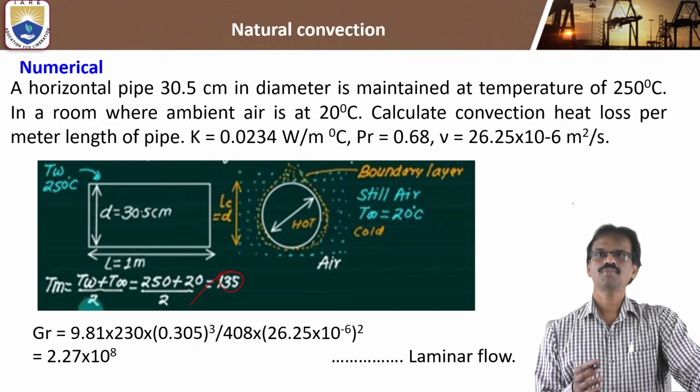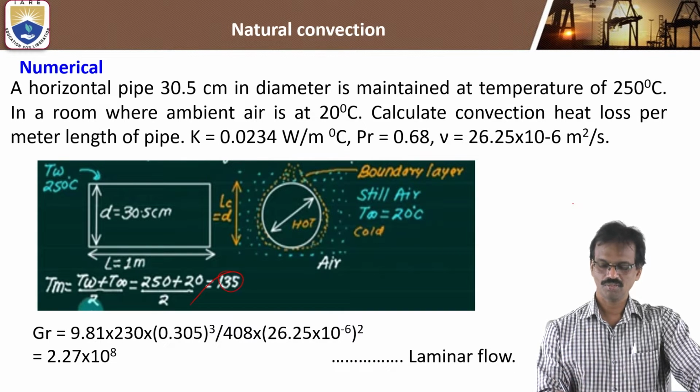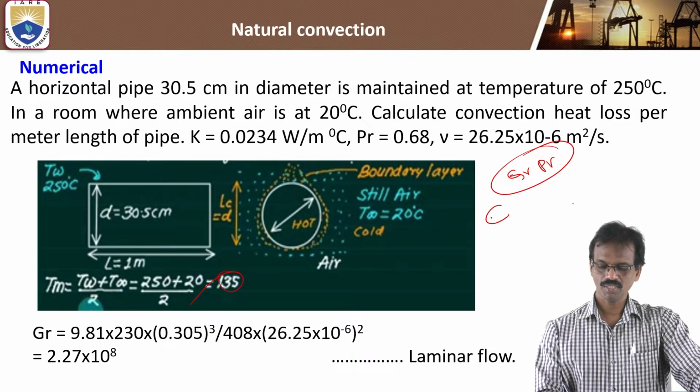This type of flow depends upon Gr into Pr, the Rayleigh number, so you have to find out Gr.